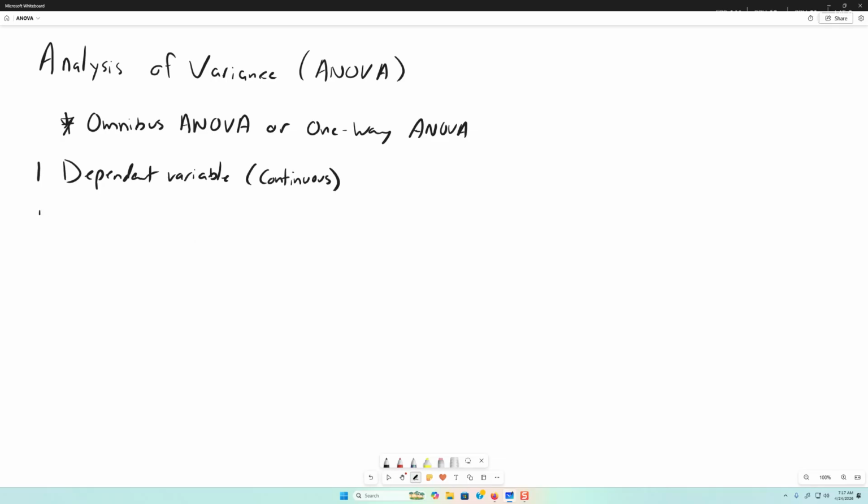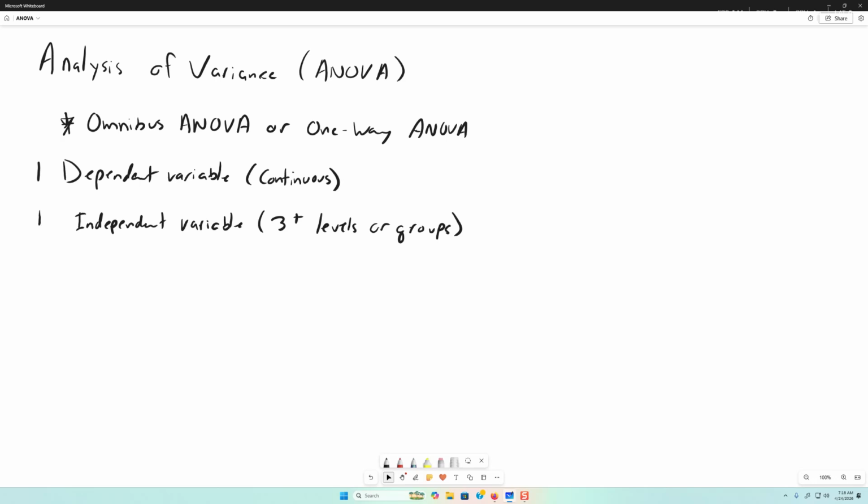And we have one factor or independent variable. And this independent variable has 3+ levels or groups. And these 3+ levels or groups are all independent of each other.